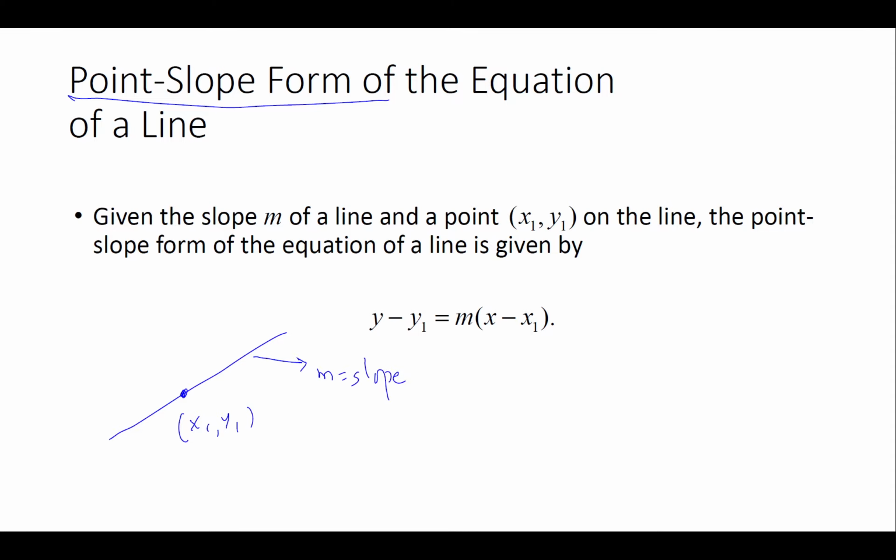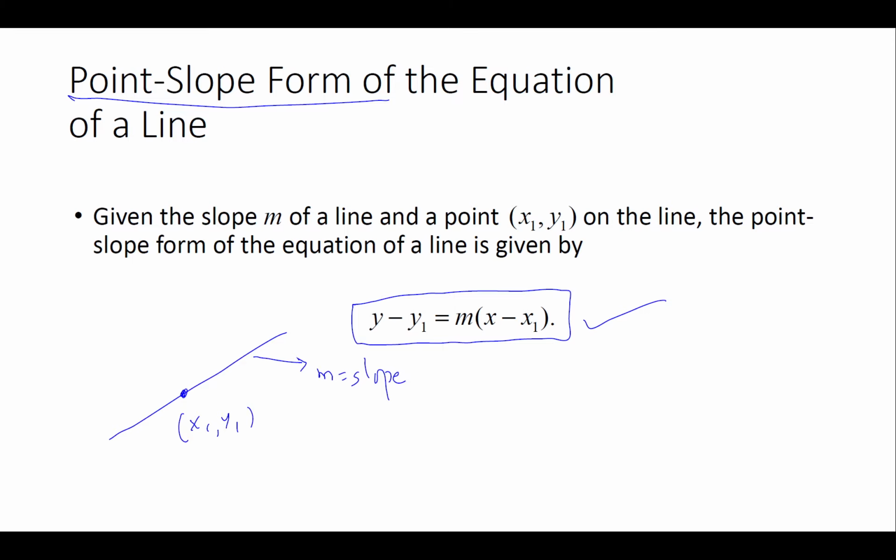In that case, the equation of the line can be found by using this formula, and this is called point slope form: y minus y1 equals m times x minus x1, where x1 and y1 is a point on this line and m is the slope. This is called point slope form of the equation of a line.